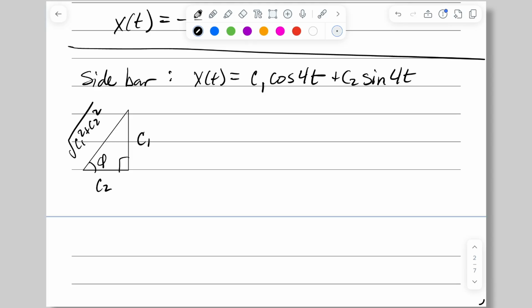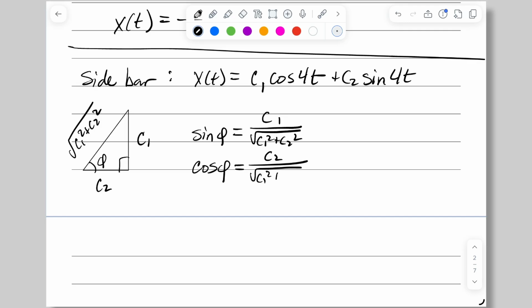As far as phi is concerned, the sine of phi is c1 over the hypotenuse, the square root of c1 squared plus c2 squared. The cosine of phi is c2 over that hypotenuse, the square root of c1 squared plus c2 squared, of course. And the tangent of phi is equal to c1 over c2.